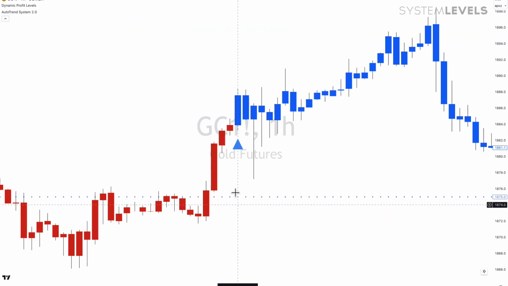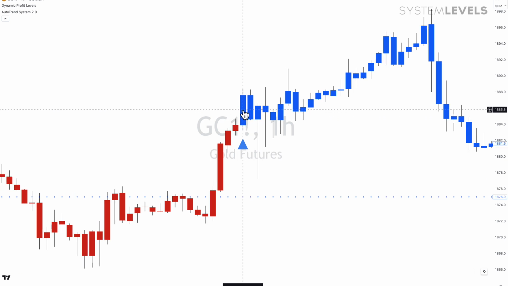So this is the candlestick. This is the very first candlestick that changed its color from red to blue, and this is called the signal bar. That's step number one. Step number two is we need to have confirmation by the price action. What do I mean by that? For confirmation, we need to see the high of the signal bar being overtaken or broken by a next bar.